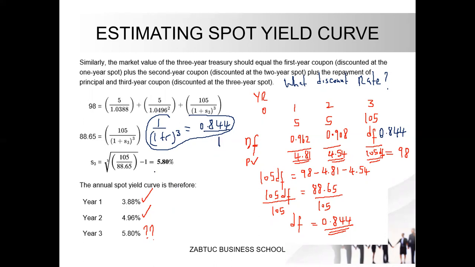What does it become? Can somebody divide there? 1.1848.